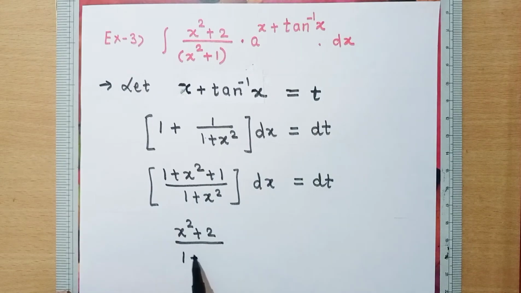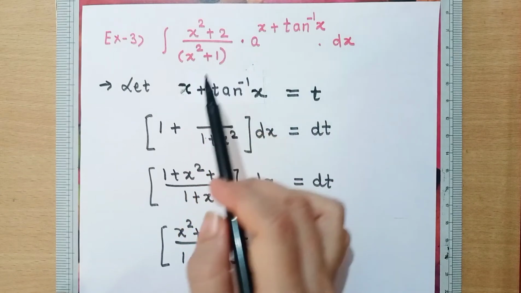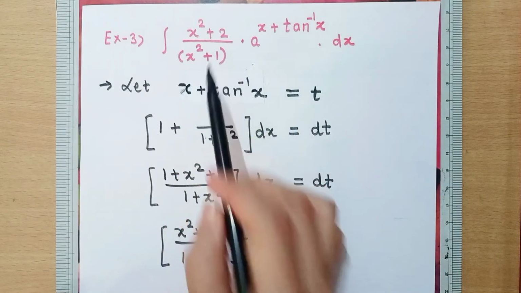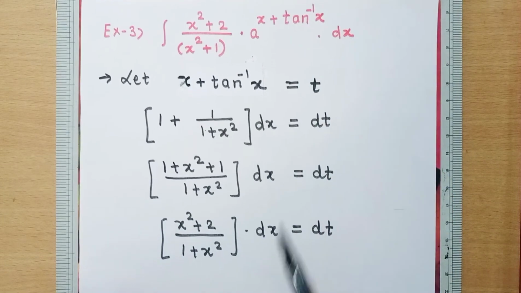This is 1 plus x square into dx, and that is equal to dt. Now check here, x square plus 2 upon x square plus 1 means 1 plus x square dx equal to dt. So substitute these things in the original integral.